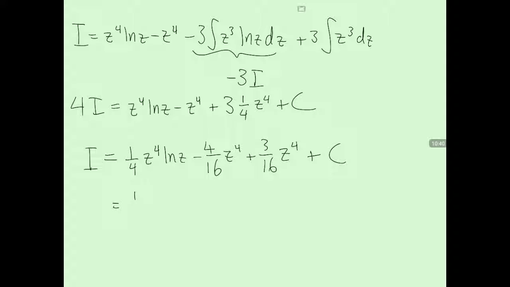So what we get as our final answer is 1 over 4 z to the fourth ln z minus 1 over 16 z to the fourth plus c.